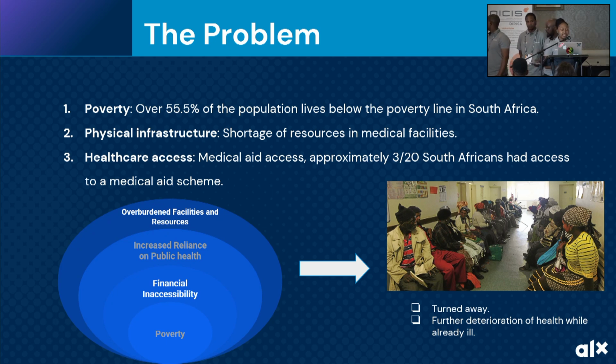And this overburdens the facilities and resources that our public facilities have. The impact is that, like Miriam, a lot of struggling South Africans will be turned away, and this further deteriorates the health of a person who is already ill.